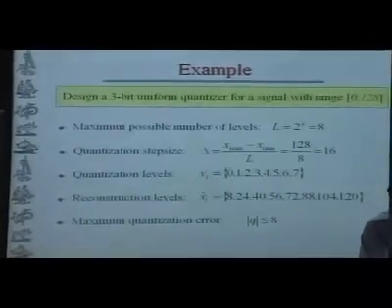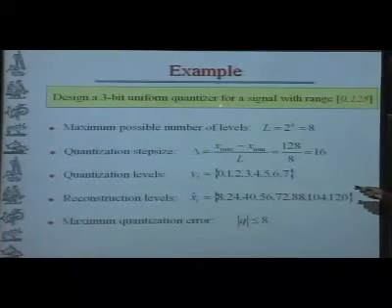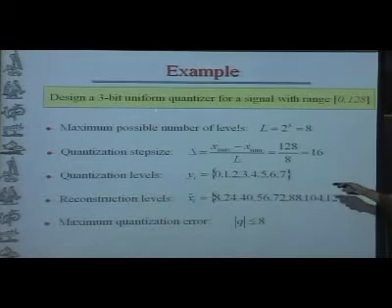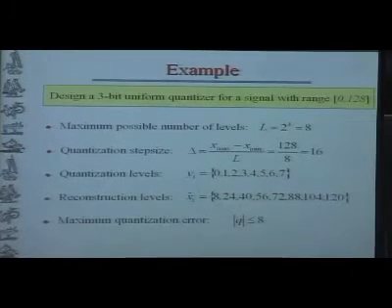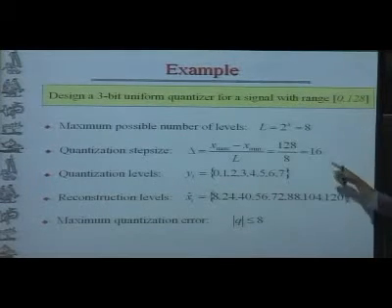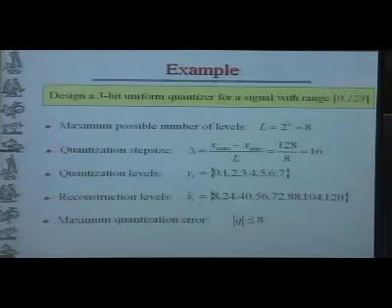Let's do another example of a quantizer. Designing a 3-bit uniform quantizer for a signal with range 0 to 128. If you have 3 bits, then you can describe 8 levels, and you know the range is from 0 to 128.